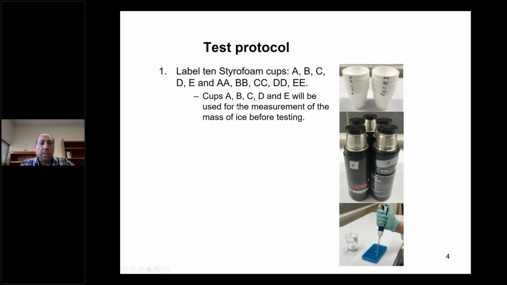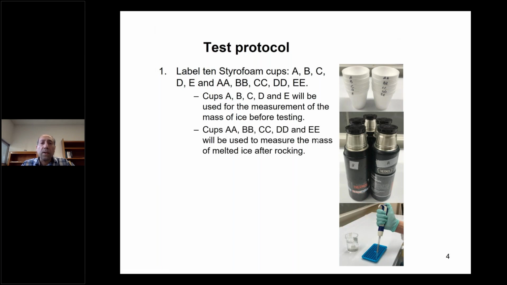So cups A, B, C, D, and E will be used for measurement of the mass of ice before testing, and the other cups will be used to measure the mass of melted ice after rocking. So actually, we measure the weight of the ice before and after the test, then we can calculate how much of the ice is melted.